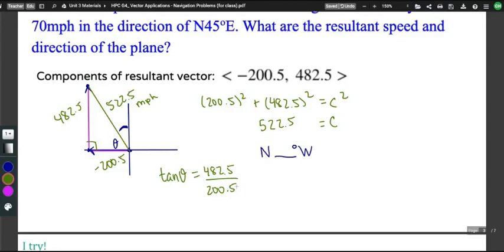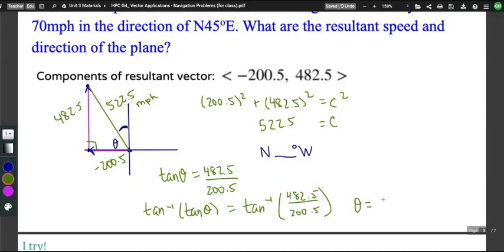And since I don't know this ratio at all, I'm going to use inverse tangent to help me reveal my angle measure. And when I do this calculation, I end up coming up with theta, the reference angle of my triangle, as 67.4 degrees. But I don't want to say 67.4 degrees. What that is, is this angle in my triangle.